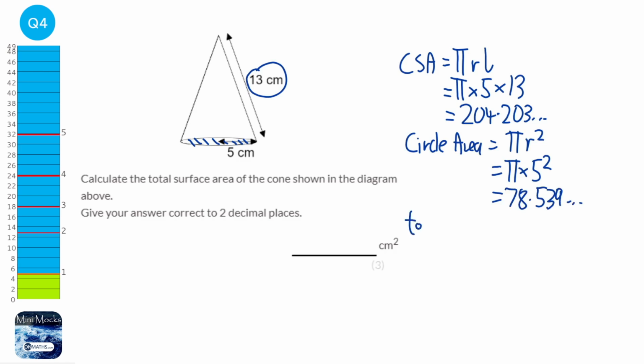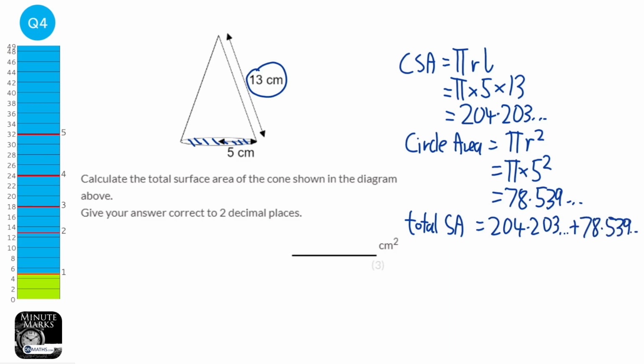And so the total surface area is just a matter of adding those together, and that will give us 282.743 blah blah blah.